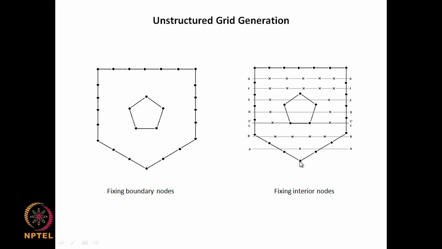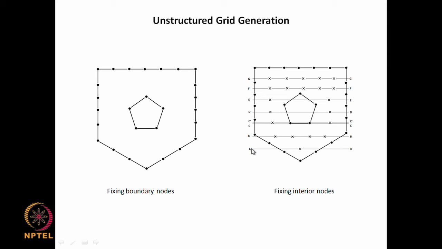So, starting with the bottommost point, you draw horizontal lines which are separated by the distance l. So, you have line AA, BB, CC, DD, EE, FF, GG, all these horizontal lines which are roughly set apart by a distance small l.